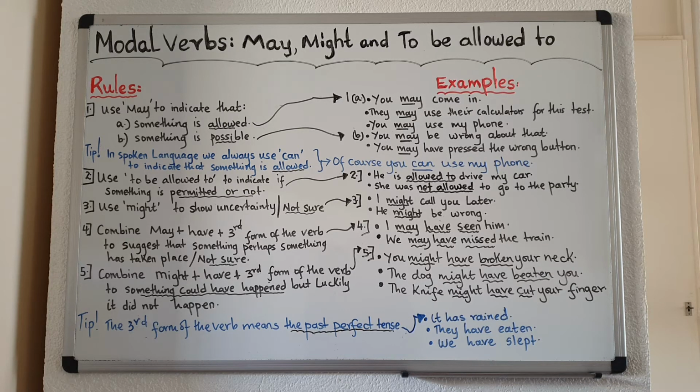Maybe somebody says something and you're not very sure whether it's correct or not. So you can say, you may be wrong about that. It is possible that you're wrong. It is also possible that you're right. So you're not sure.